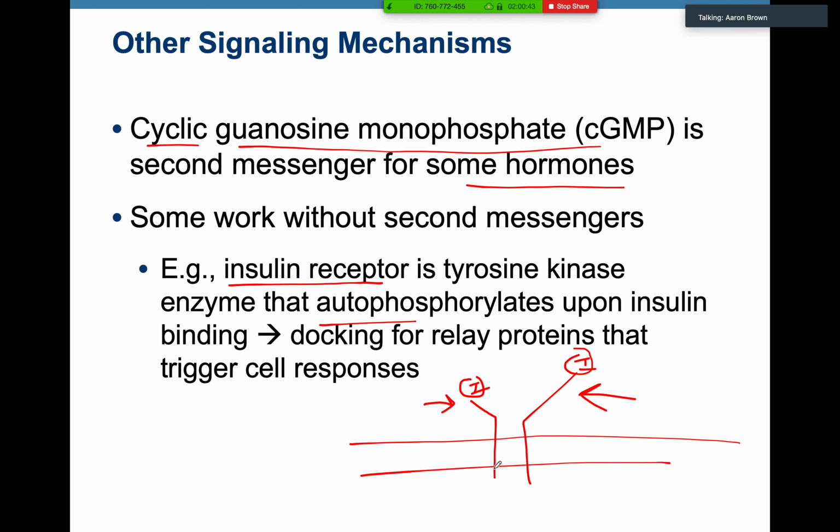When each binds to insulin, on the inside of the cell there are little enzymes that activate as soon as it binds to insulin. These enzymes will phosphorylate nearby other receptors. So this receptor is going to phosphorylate that, and ultimately all of this autophosphorylation is going to lead to the downstream effects that insulin has.